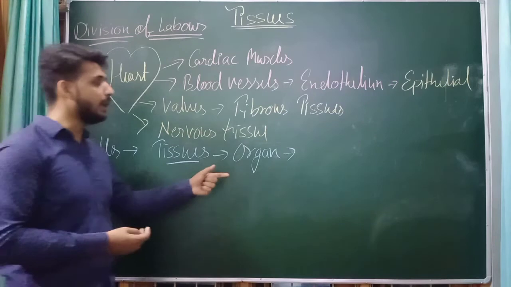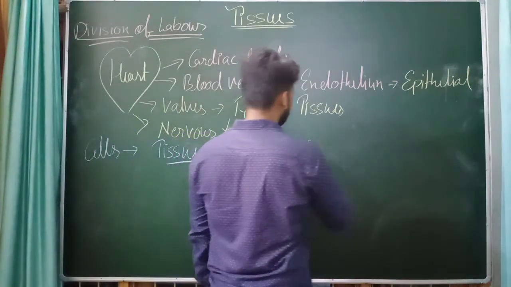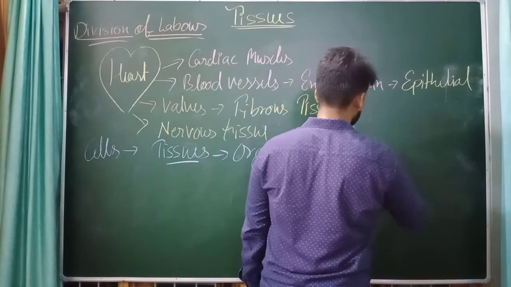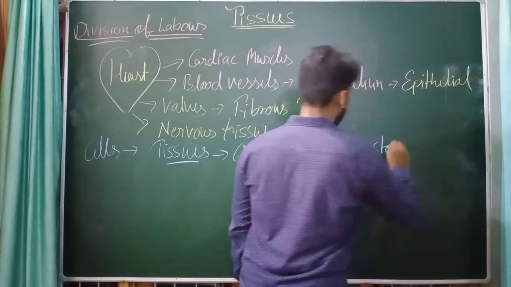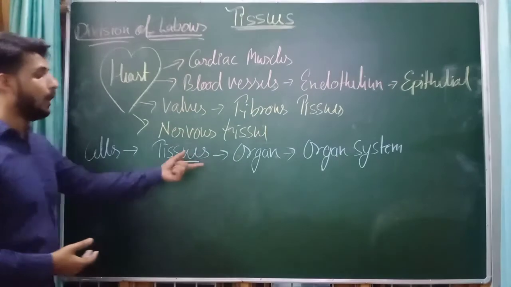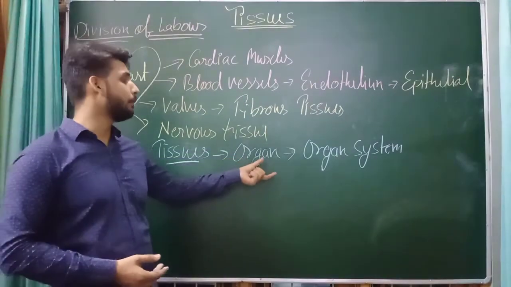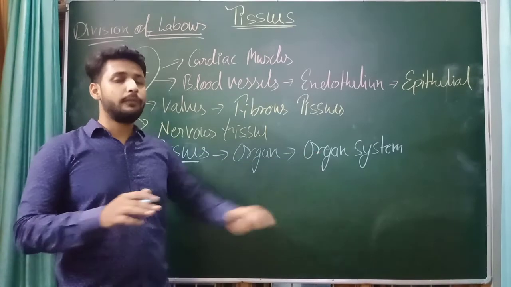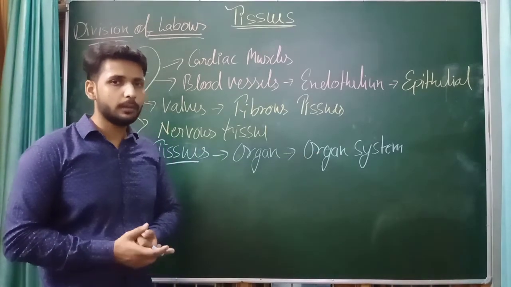In the same way, there is the organ system. Heart and blood vessels combine to form an organ system, that is the circulatory system, which supplies blood in the whole body.